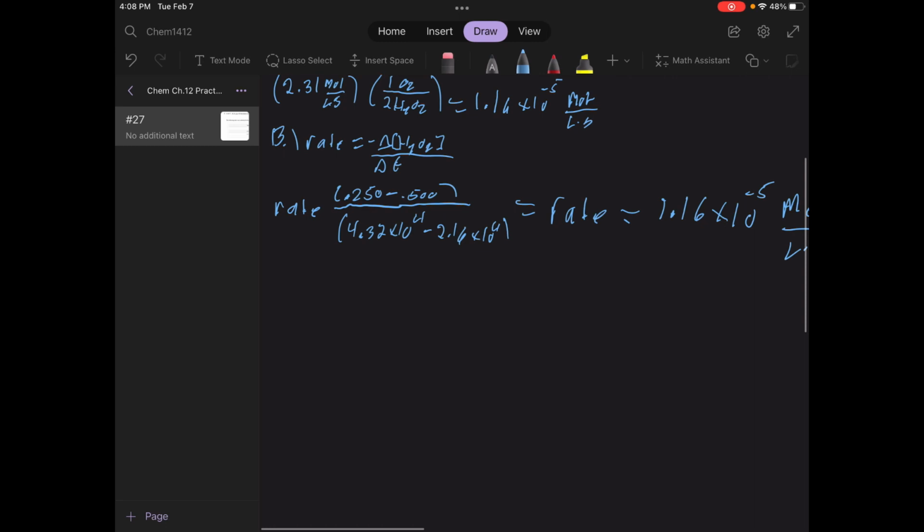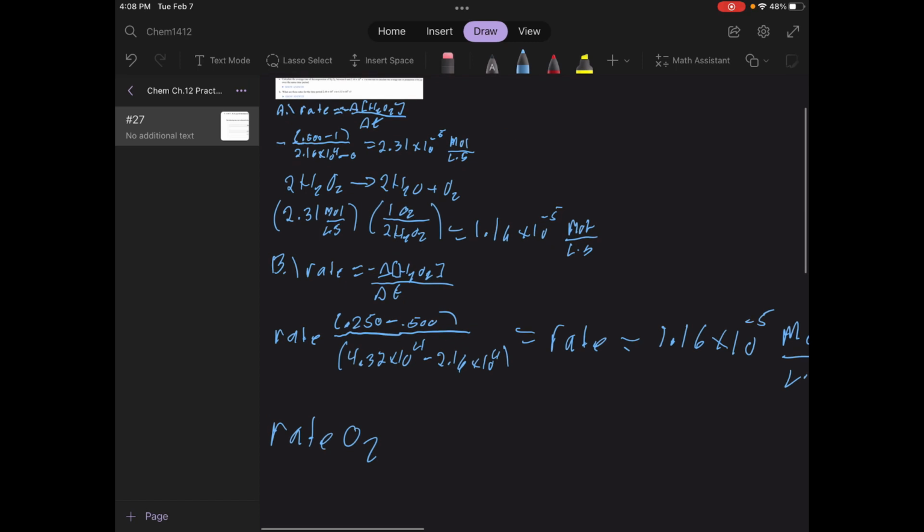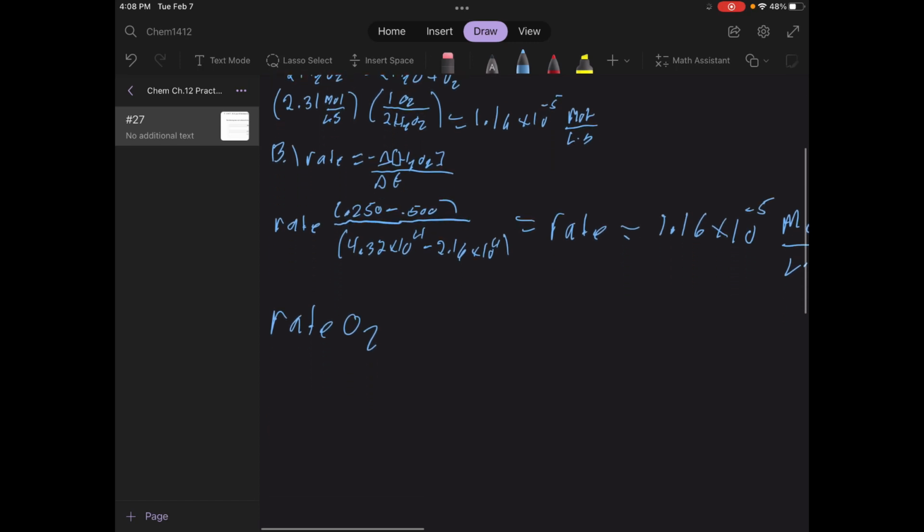Okay, and to find our rate for O2, it's essentially the same as we did in part A. So we know that 2H2O2 produces 2H2O and O2.